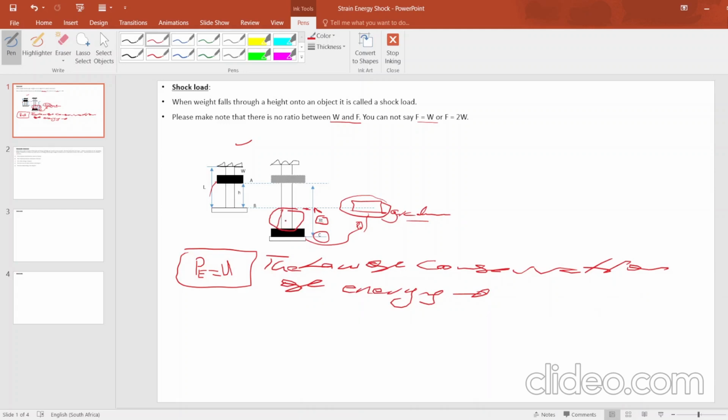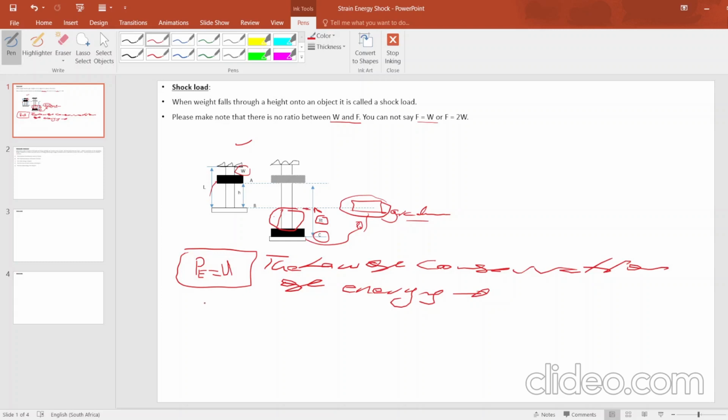That indicates we are having strain energy, because strain energy occurs in the deformation. From B to C, there's that deformation, and a transference of energy from that point to that point. Hence we have PE equals strain energy.